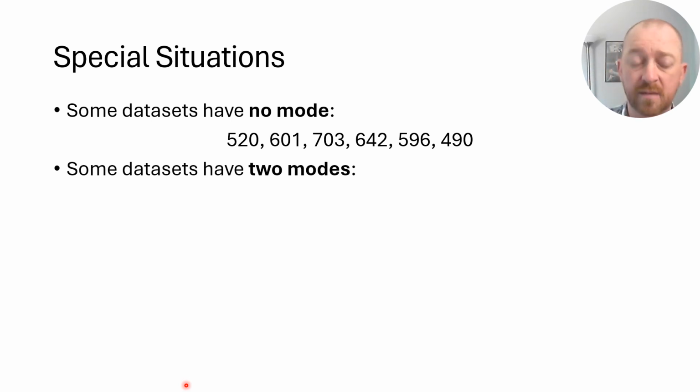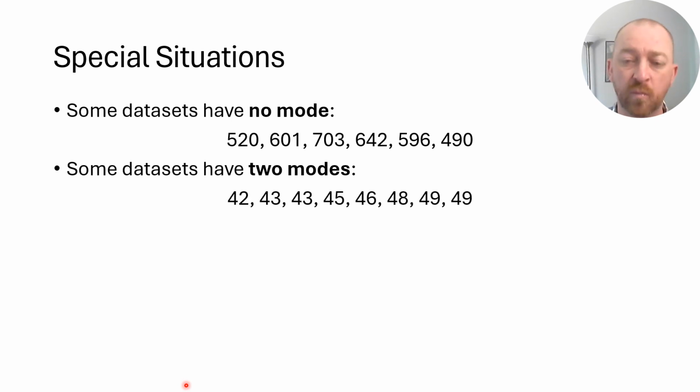In other cases, some data sets have more than one mode. It depends on what you're doing, but sometimes you'll find a bimodal distribution, or a distribution that has 2 modes, a data set that has more than one mode.